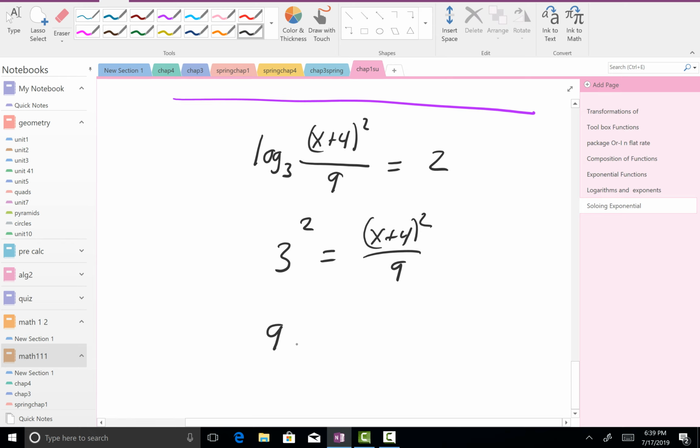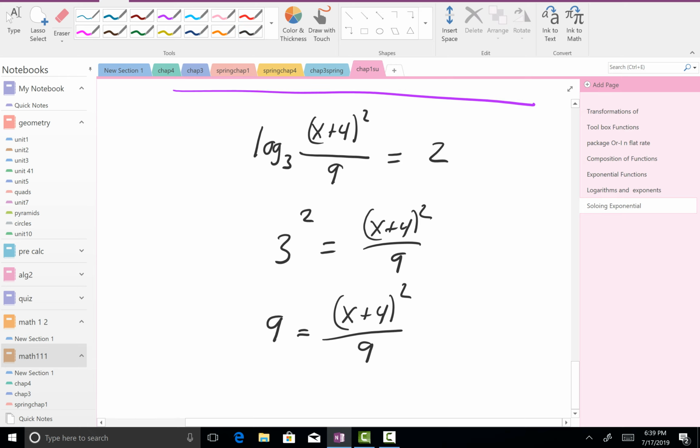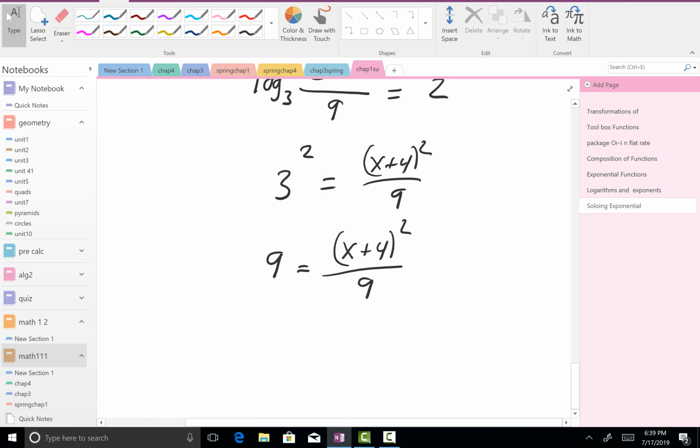Okay, so now I just got to do a whole bunch of algebra to get it figured out. It's going to be pretty much the same thing that we had. You either multiply by 9 or cross multiply, whatever you want to do to get the answer. So here's my equation that we got to solve.